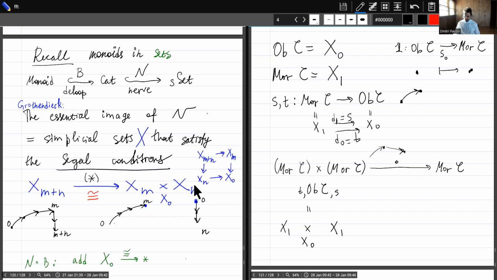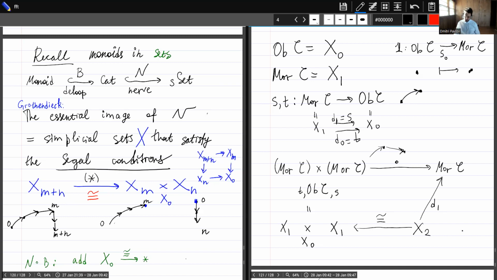And so this means that we have an isomorphism from X2. On the other hand, X2 admits a map to morphisms, which is the first phase map, right?